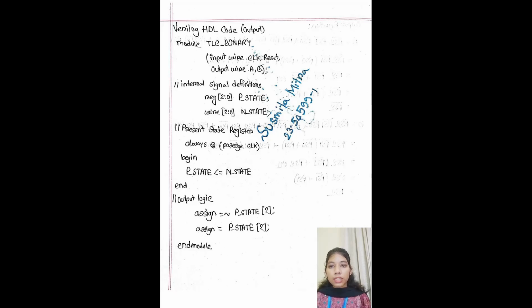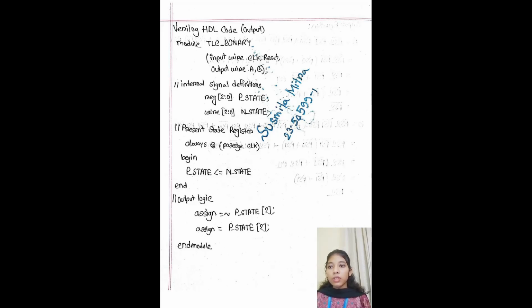Here the block describes sequential logic triggered on the rising edge of the clock. If the reset signal is high, the state is reset to 000. Otherwise, the P state updates to the N state on the clock edge. The N state is derived by simply incrementing P state, causing the FSM to cycle through all 8 possible 3-bit states.